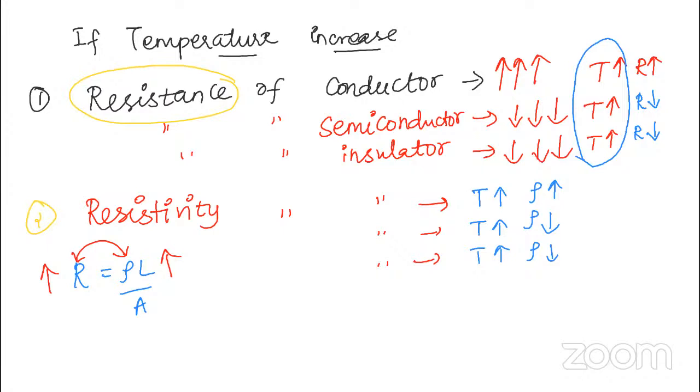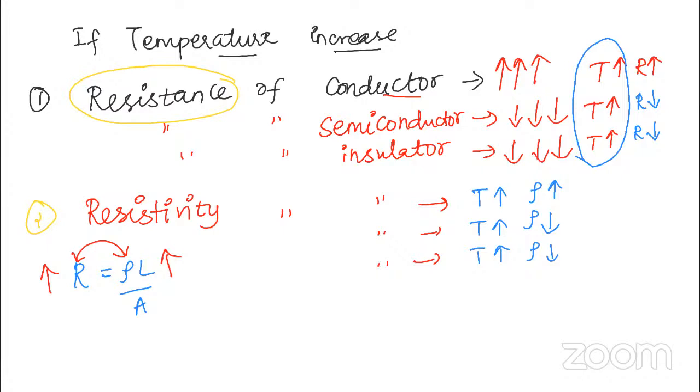For the material, the values will be positive for a conductor: when resistance increases, the alpha value will be positive. In all other cases it decreases and is negative. That is what we will see in today's class. Before that, keep these things in mind: how the resistance and resistivity values behave as temperature increases.